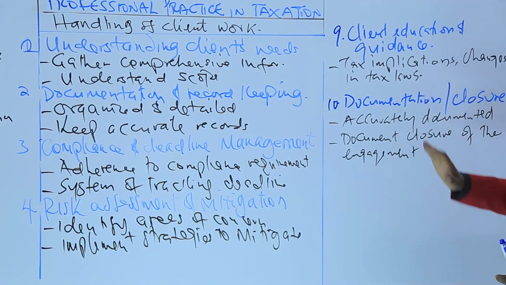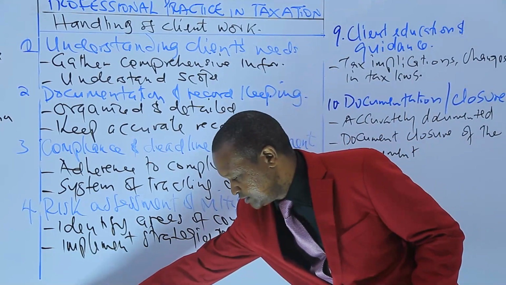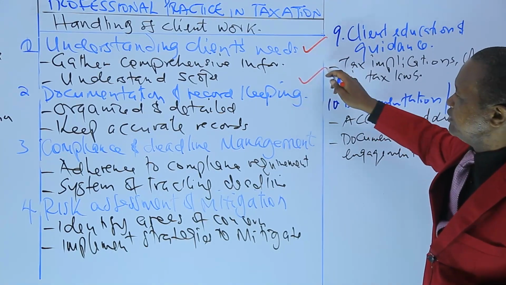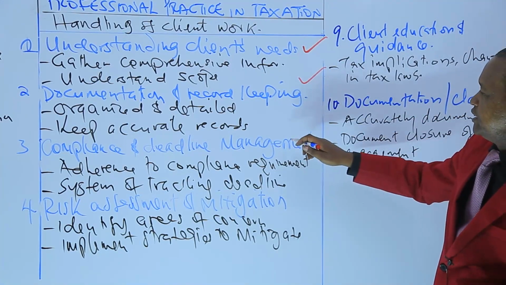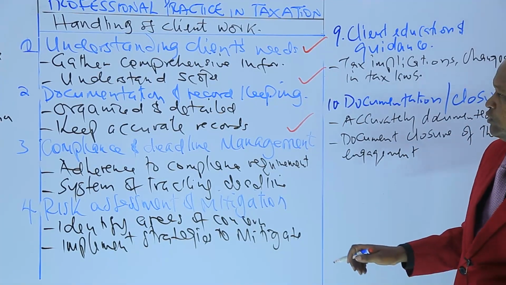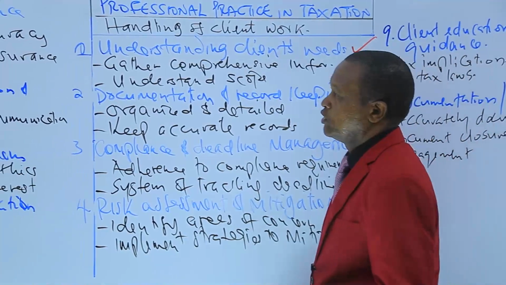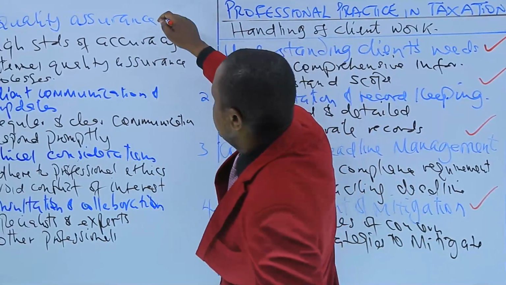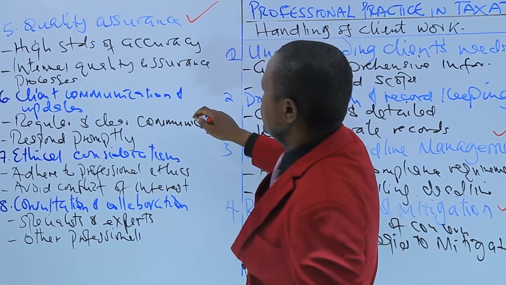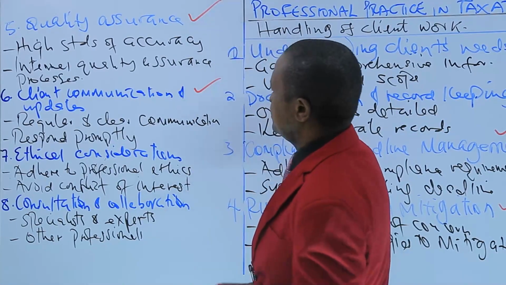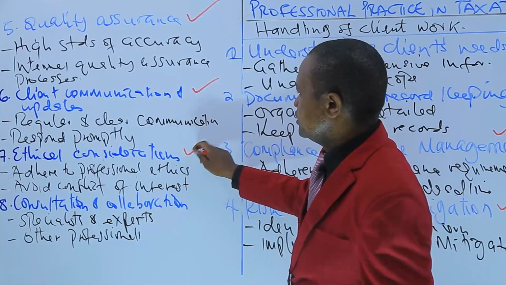10 points. 1, understanding clients' needs. Number 2, documenting and record keeping. 3, compliance and deadline management. 4, risk assessment and mitigation. 5, quality assurance standards. 6, client communication and updates. 7, ethical considerations.